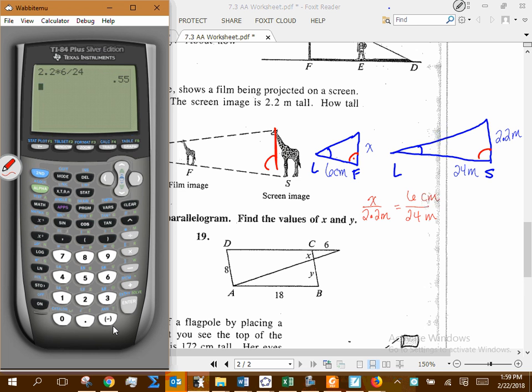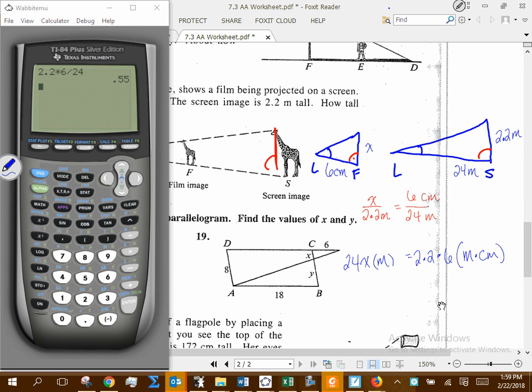The only reason this works here and gives me the right answer is because when I cross multiply, I get 24x meters. Does that make sense? If I put my units in there, that is equal to 2.2 times 6 meters times centimeters. Does that make sense to everybody? Put my units in there?